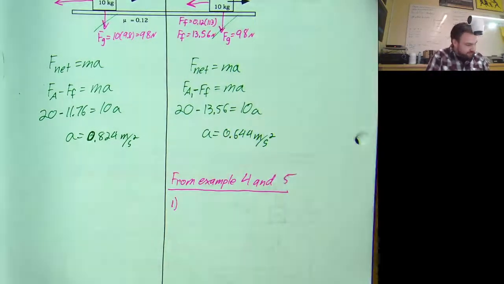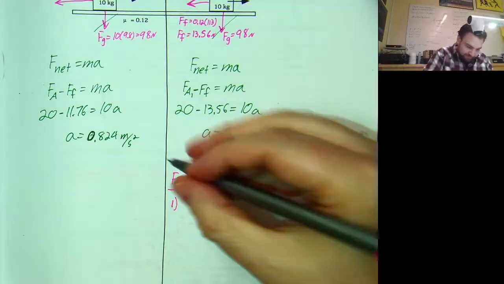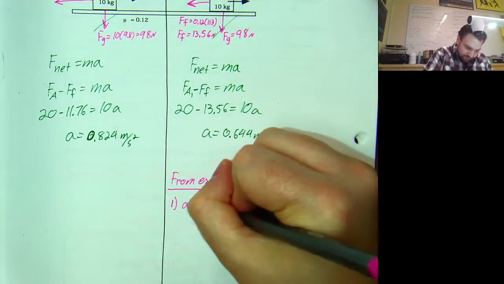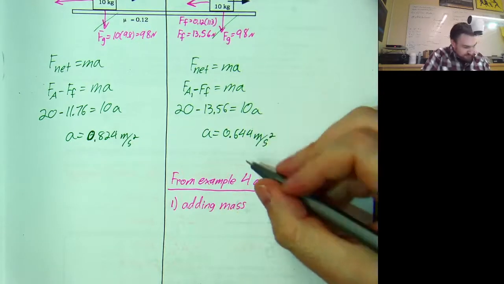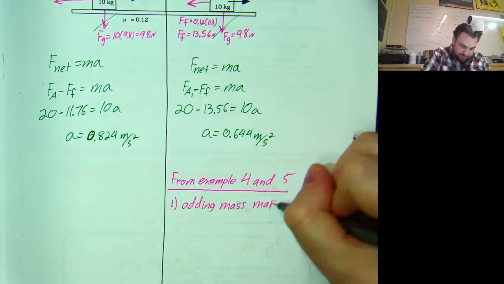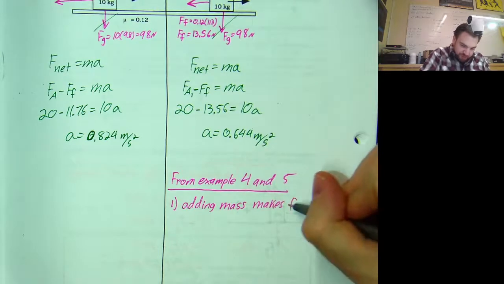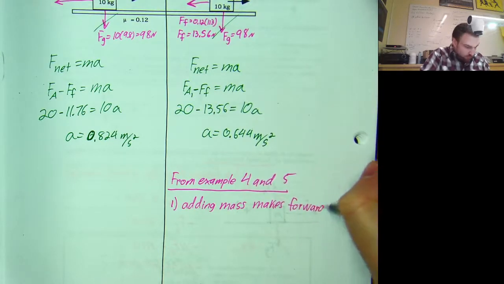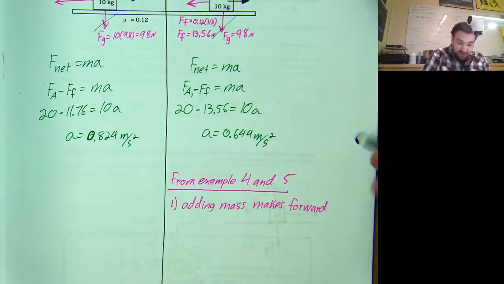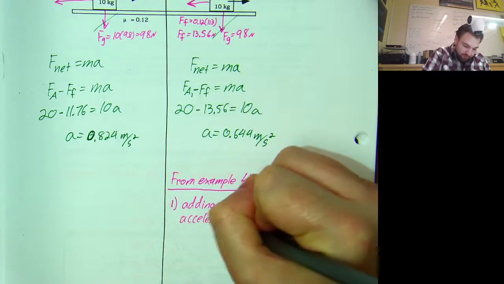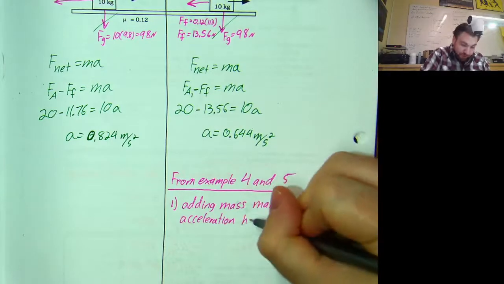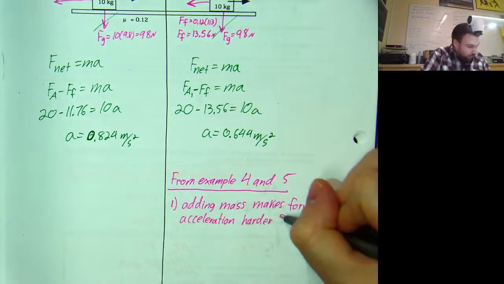Number 1, adding mass makes forward motion, or forward acceleration, I'll say, harder for a sliding object.